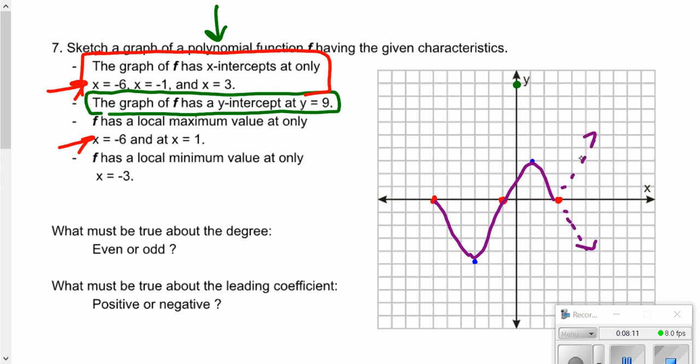I could go that way, and then I could go up like this or down like that. I'm not sure yet. And it said it had a local minimum at -3. Oh, heck, I haven't even done that yet. So at -3, I just botched this whole thing. Okay, I'm going to try this again in the next video. Bye!